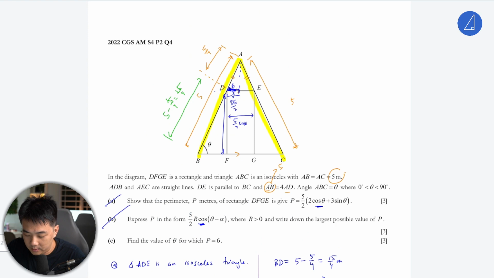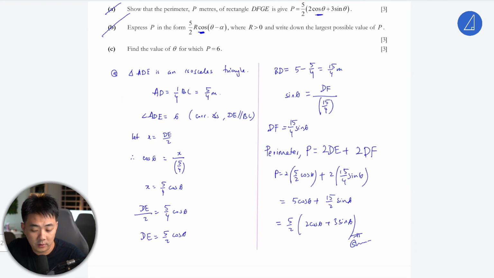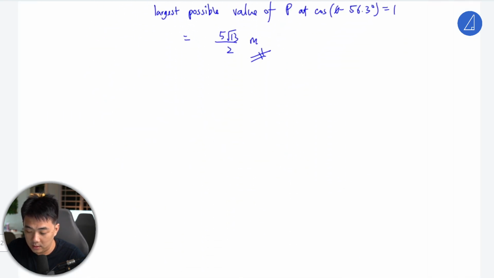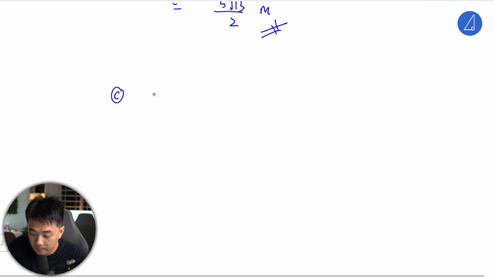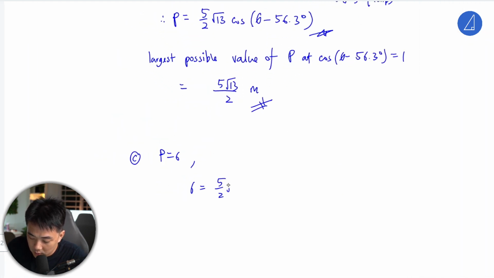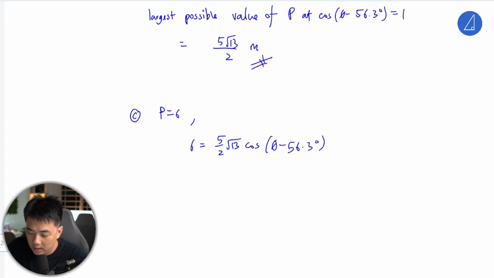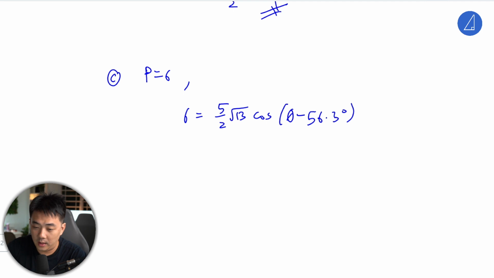Let's look at part C. Find the value of theta when P is equal to 6. So P equals to 6. I think that's okay. 6 is equal to 5 over 2 root 13 cosine theta minus 56.3 degrees. Then I'm just going to multiply and divide.